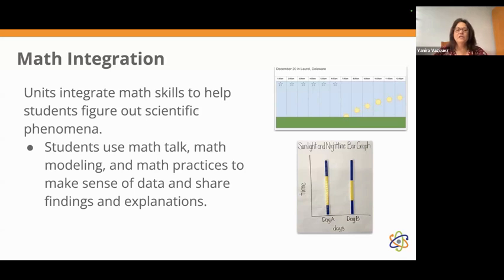But we are also focused on using math talk and math modeling to really make sense of data and share findings and explanations. And that's even at the kindergarten level. That is even from kindergarten to 5th grade. Okay, so we are really proud of the math integration, and always the mathematics in the service of the science.